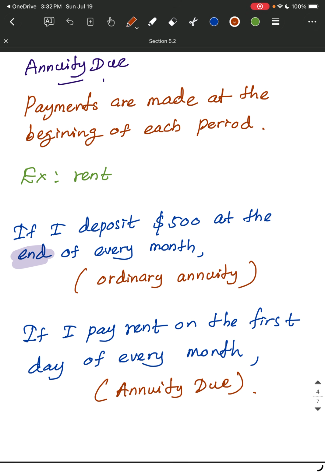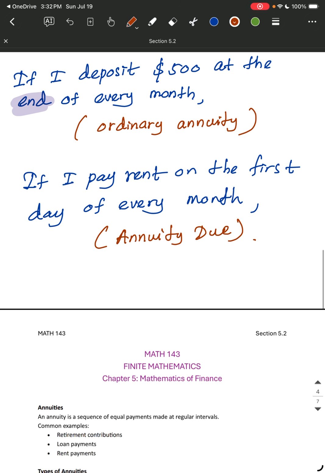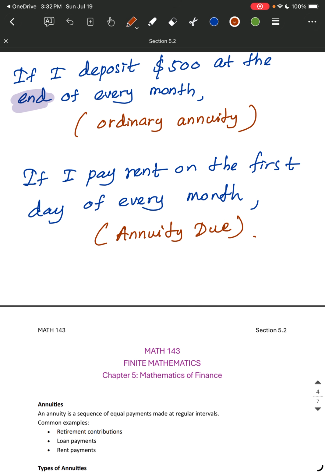Okay, then let's go to the next important concept, the future value of an ordinary annuity.